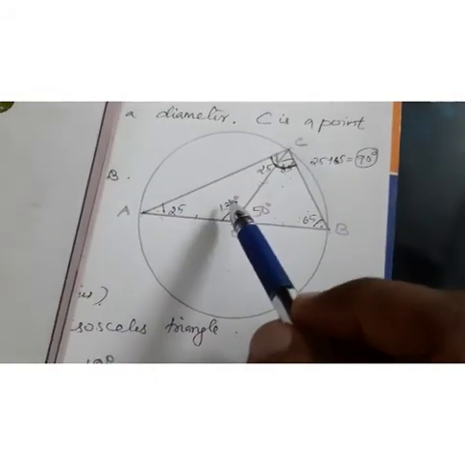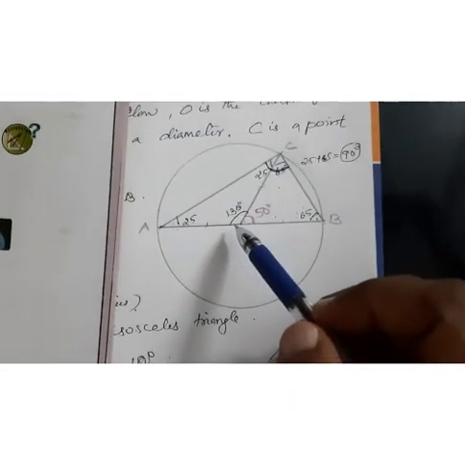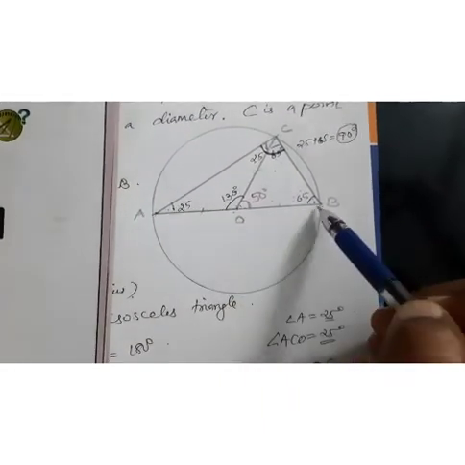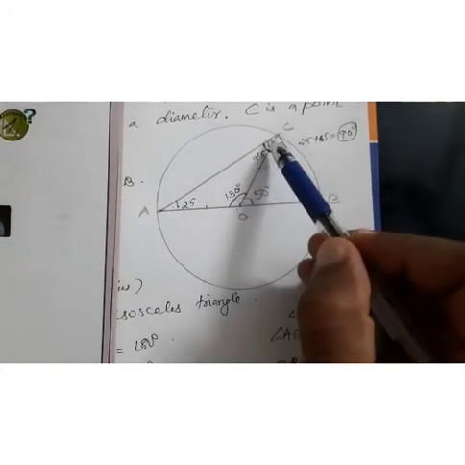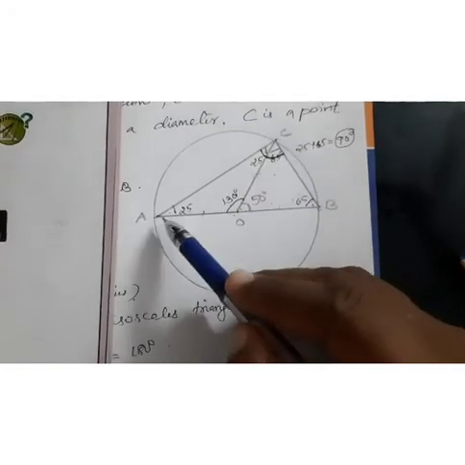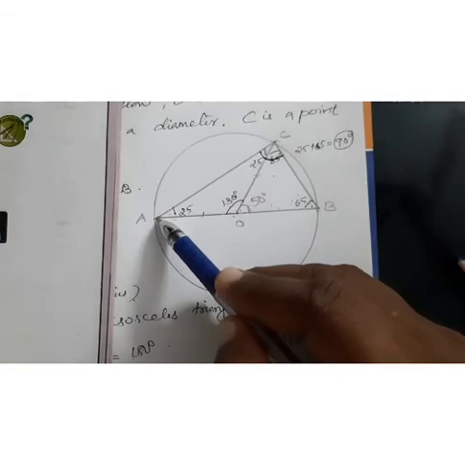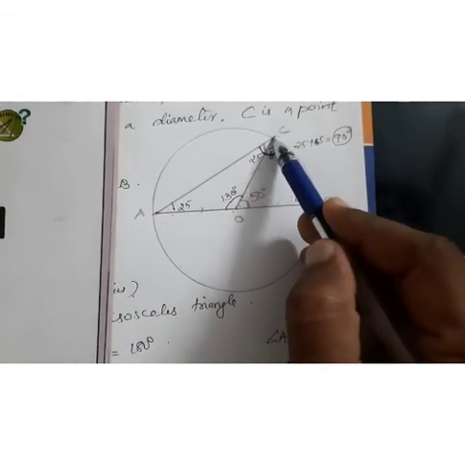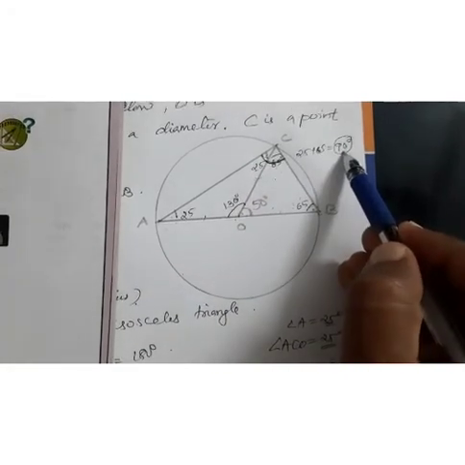That means in any circle, if the ends of a diameter, this is the diameter, are joined to another point on the circle, the angle we are getting is 90.